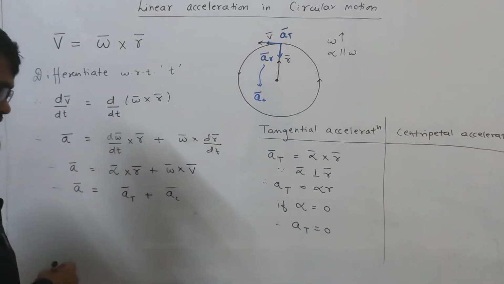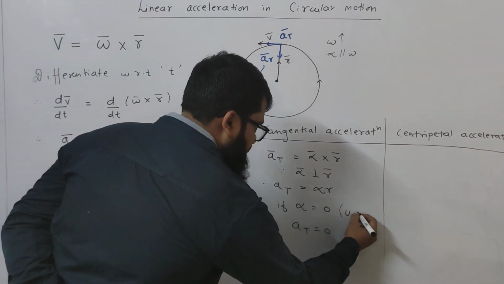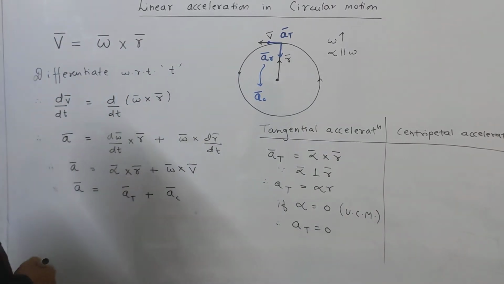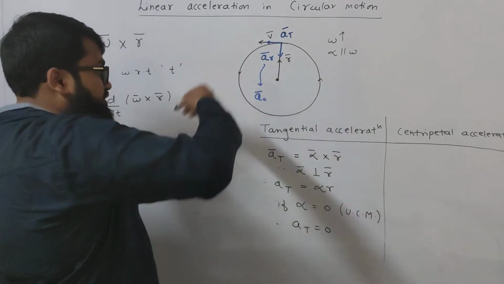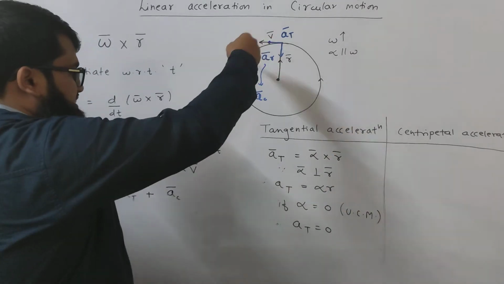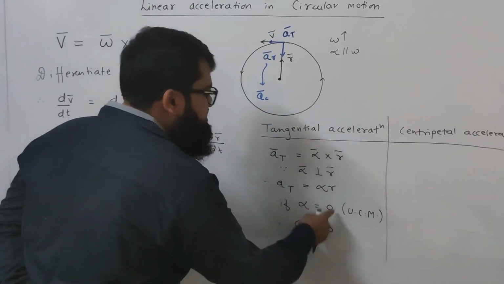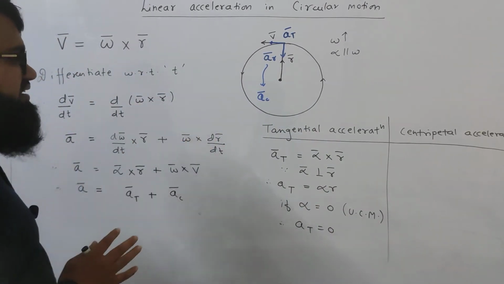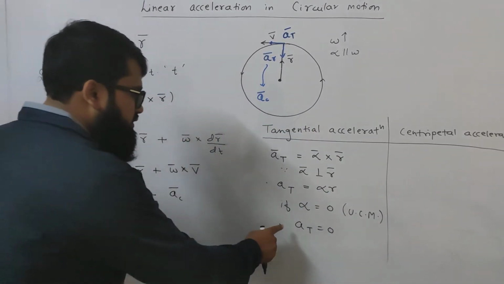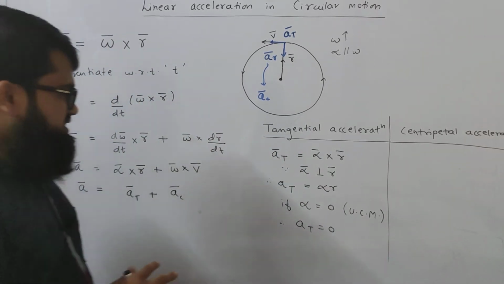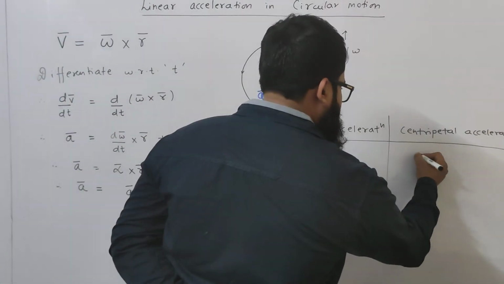It means that in a UCM, a uniform circular motion where the object has a constant speed of revolution and constant omega, alpha is 0 because there is no angular acceleration, and therefore at, the tangential acceleration, would be 0.